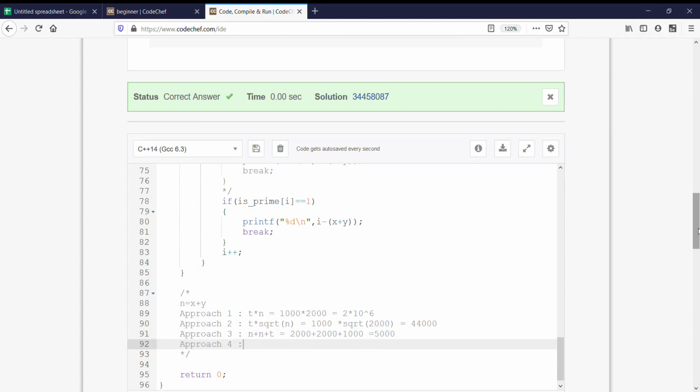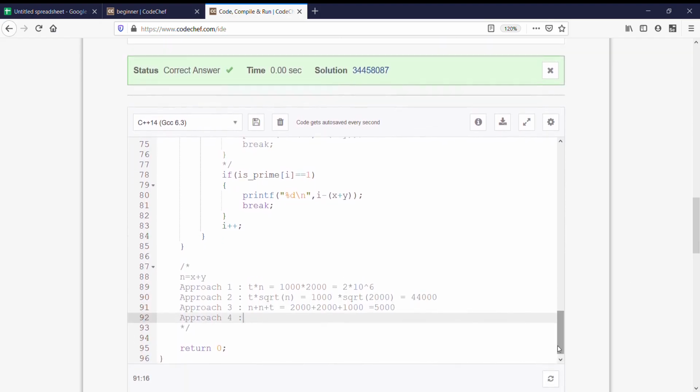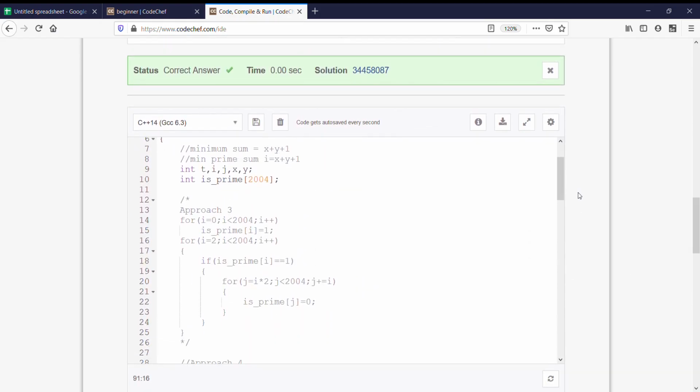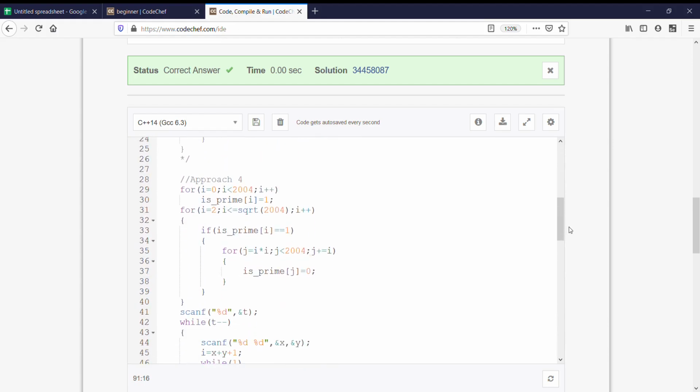Again we will not go in depth for the complexity calculation, but we see that instead of 2004 we have gone to square root of 2004, which is approximately 44. Within 44 there are only 15 prime numbers, so it is a very small number.